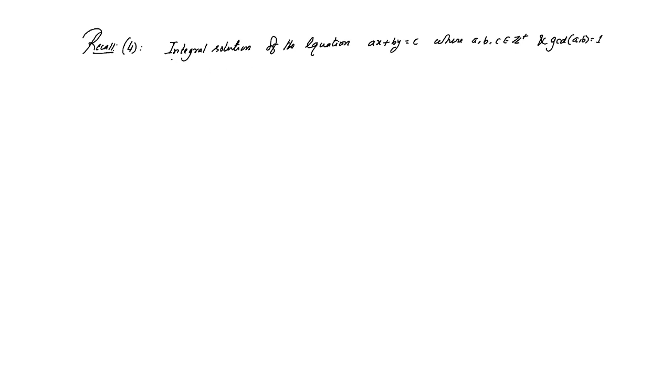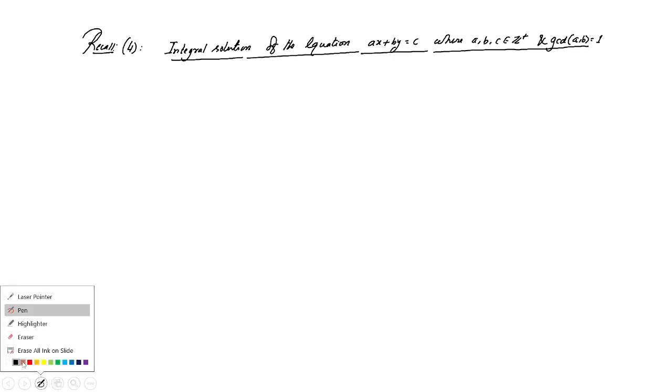Here Z plus is the set of all positive integers, and GCD of a, b is 1. So now, how to solve this kind of problem?